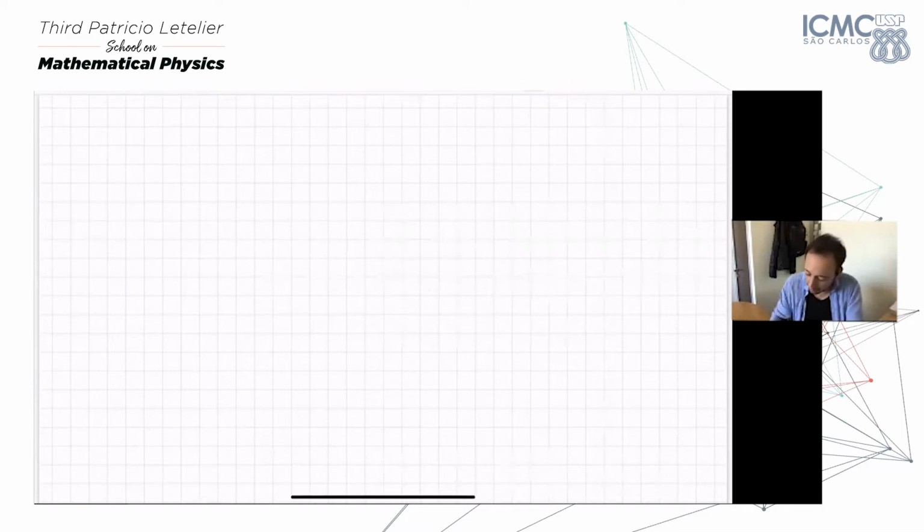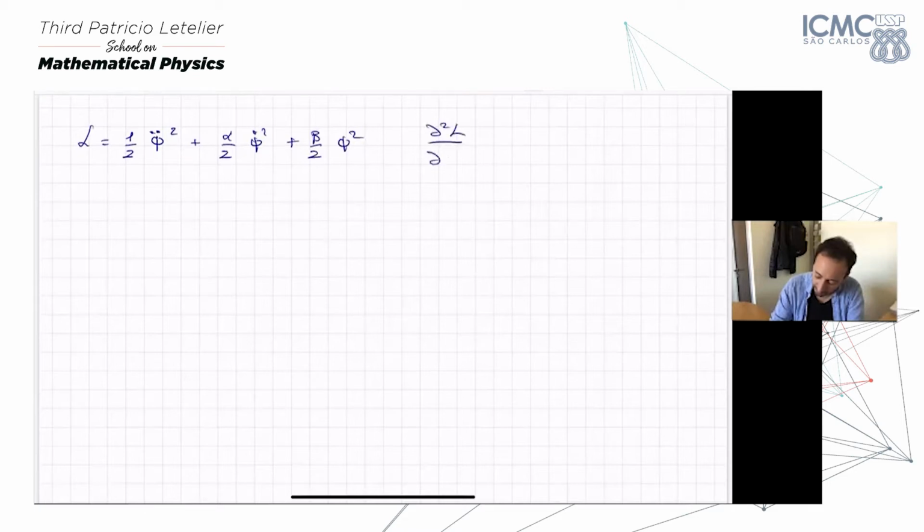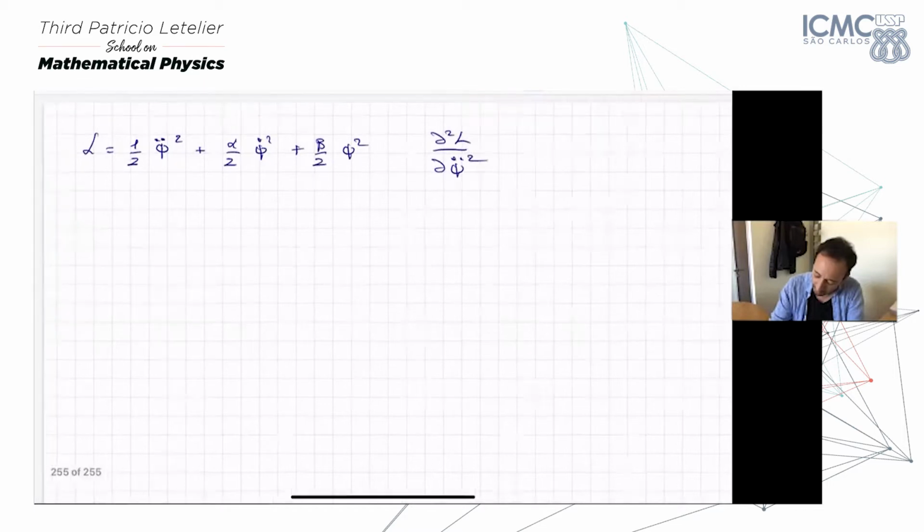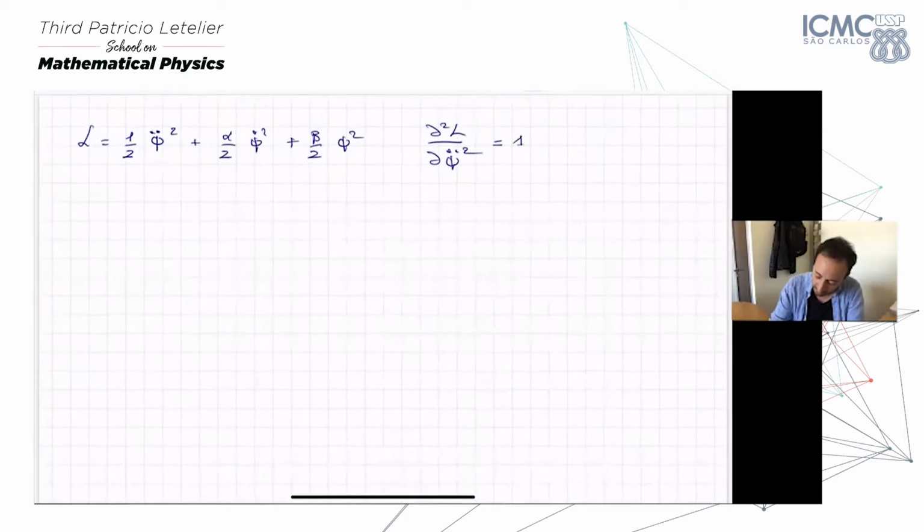Instead of working generically, it is better to go with some specific models and study that. So I will go with a beta over 2 phi squared. Phi is some field, and of course the derivative with respect to the highest order term is equal to 1, so it's different from 0.